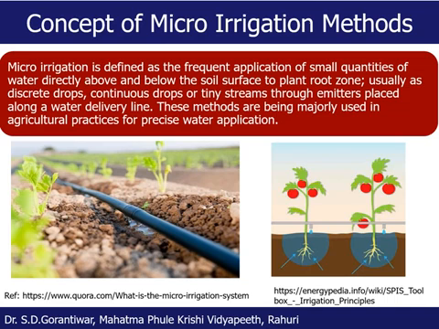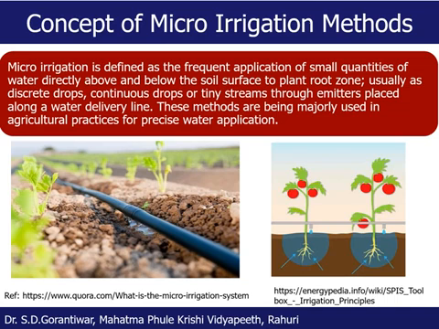So if today my requirement is to apply 2 millimeter of water, then I can apply 2 millimeter of water with the help of the micro irrigation method, but we cannot apply this water with the help of the surface irrigation method or sprinkler irrigation method. If I apply 2 mm of water today, then naturally I can apply another 2 mm of water the next day as per the requirement of the crop.